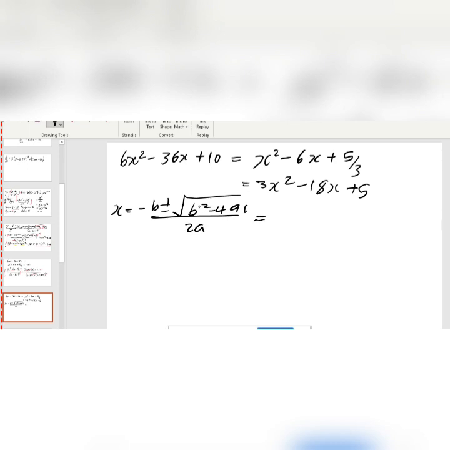Then just plug in those values. What is your b? Your b is this one. Then you just say minus into minus 36, plus or minus root of b squared, minus 36 squared, minus 4. Your a is 3, and your c is 5. Then all divided by 2a, which is 3.